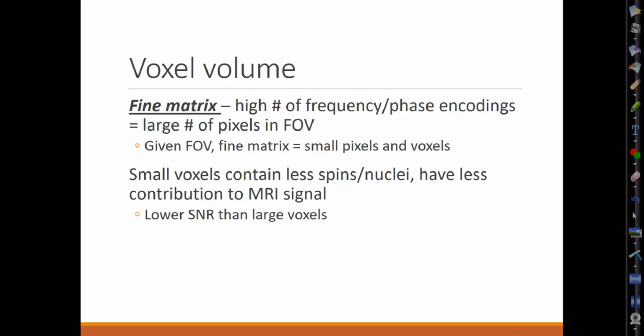Fine and large matrix are synonymous. Large matrix, small voxel. Just don't get that confused with large matrix equals large voxel. That's where the registry is going to try and confuse you. Got to be careful with how they word it.